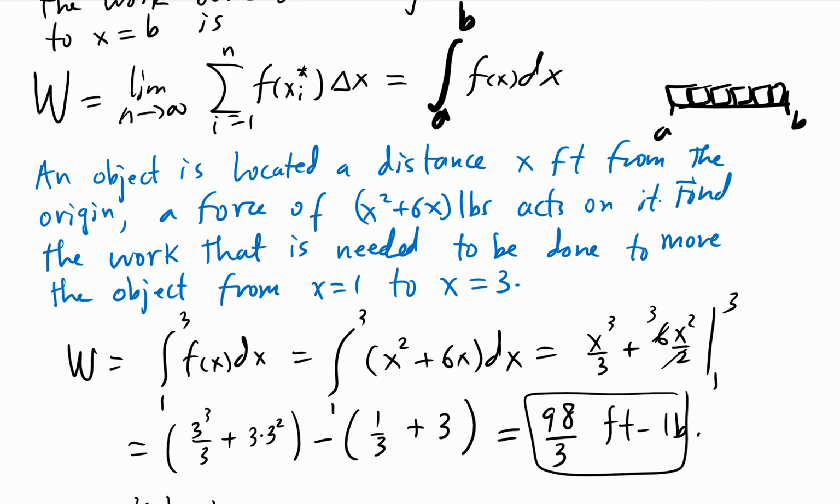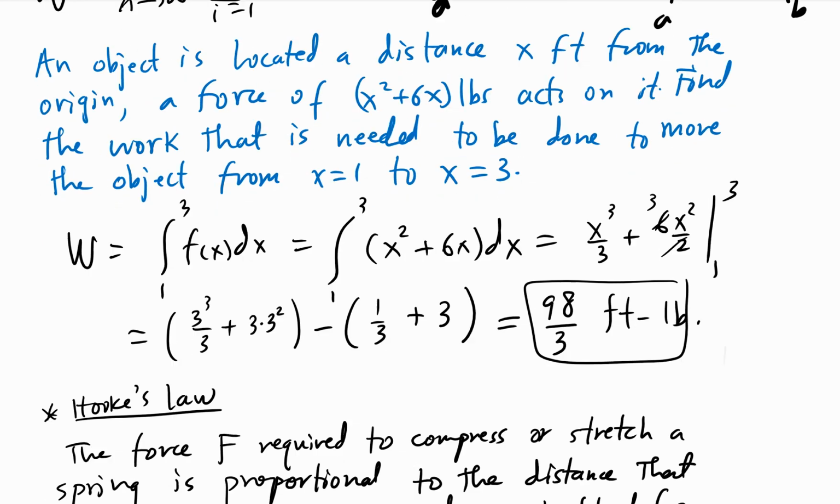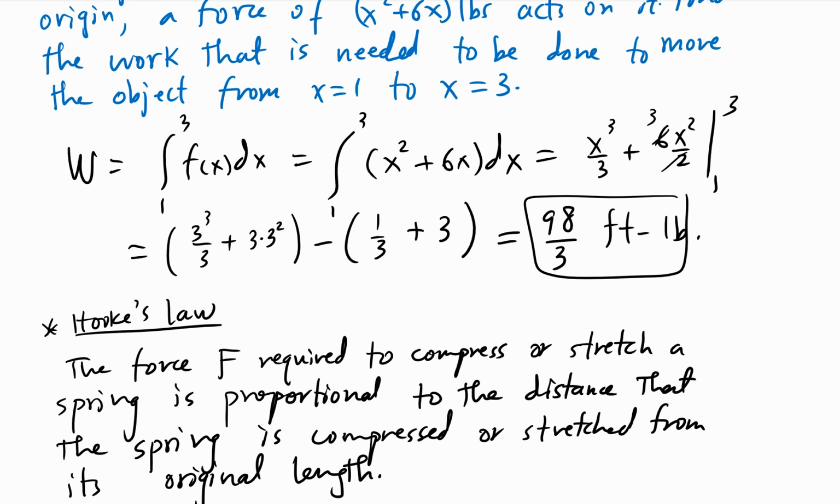So next we introduce what we call Hooke's law, a physics concept. Hooke's law says that the force, call it F, required to compress or stretch a spring is directly proportional to the distance that the spring is compressed or stretched from its original length.